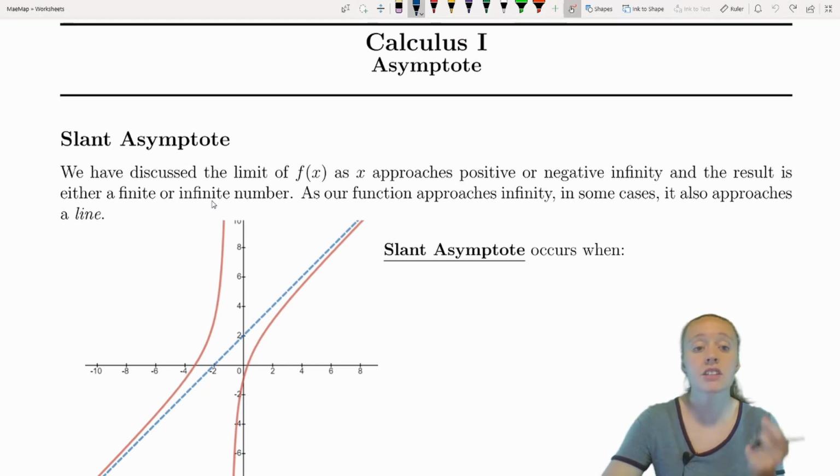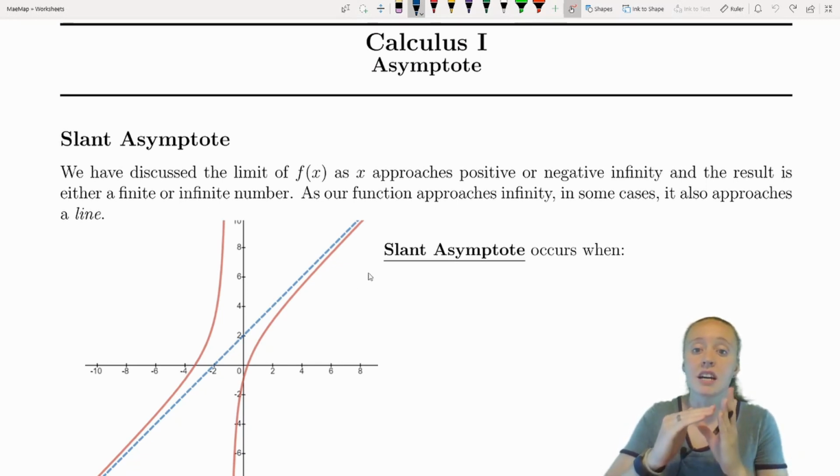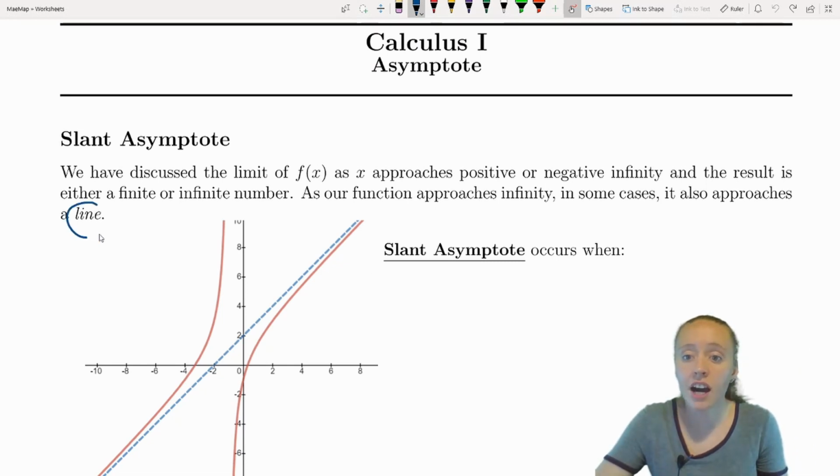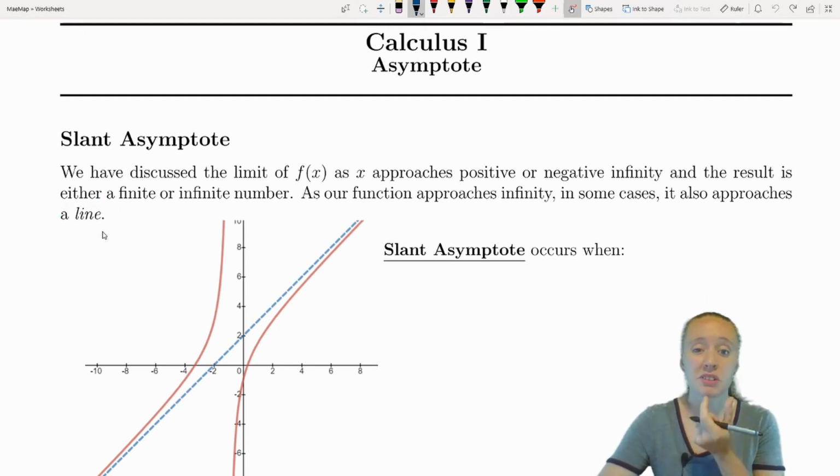However, those cases are very specific, but even though we're heading towards infinity, we're approaching some line as we head towards infinity. And obviously, it's not a horizontal line, so the slope has to be something other than 0. If the slope was 0, that's the case where we're approaching a finite number to get that horizontal asymptote. So the line it's approaching is some mx plus b, where m does not equal 0, but that slope is a real number.